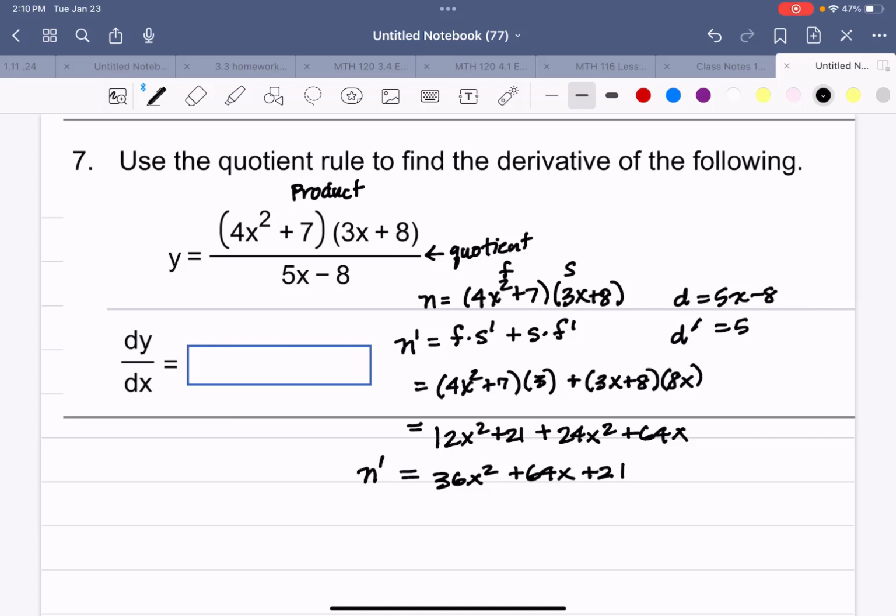Now that's the numerator prime, the whole numerator, considering both factors.